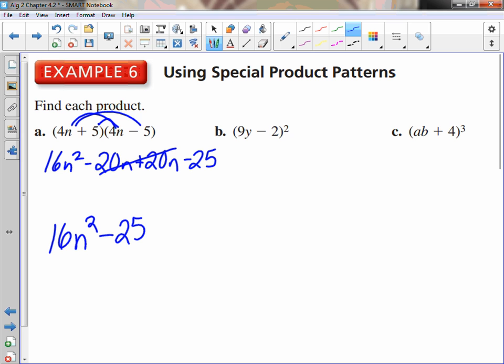These middle terms cancel, and I'm left with this here. Does that make sense? Some of these we can do this way, but there's nothing wrong with working it out. If you don't immediately see that 4n plus 5 and 4n minus 5 is a difference of perfect squares, I can square the first and second term, and we're done. Don't have to do that.